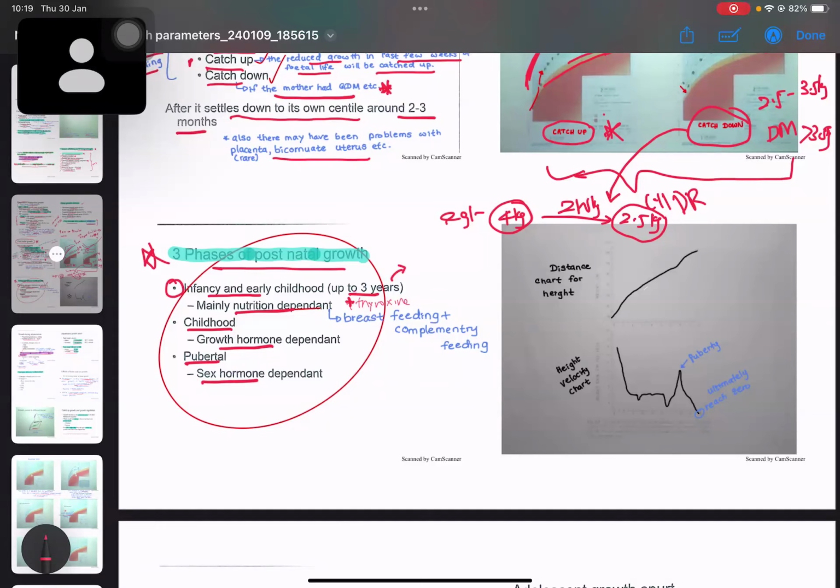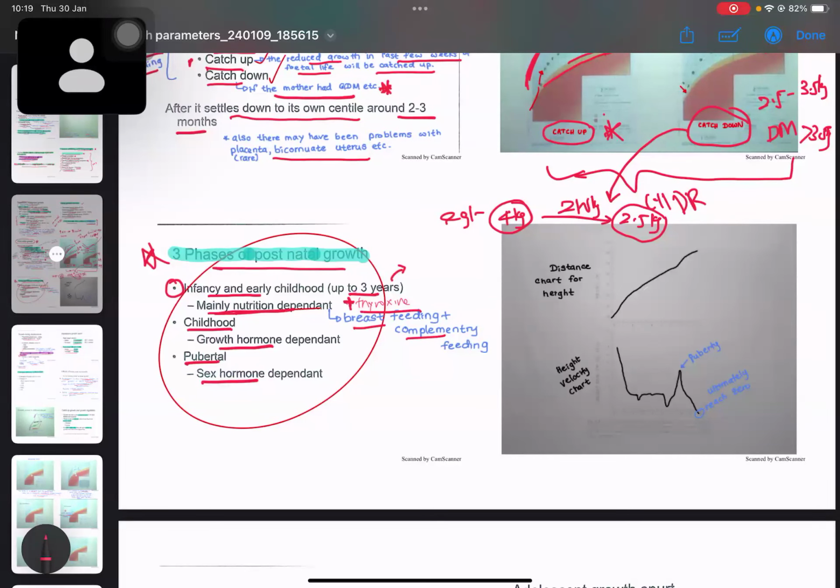During infancy and early childhood, the growth is mainly dependent on the nutrition the child gets. So the nutrition, the breastfeeding, the complementary feeding, all those things, the growth depends on the nutrition mainly, and also thyroxine. There's a thyroxine hormone.